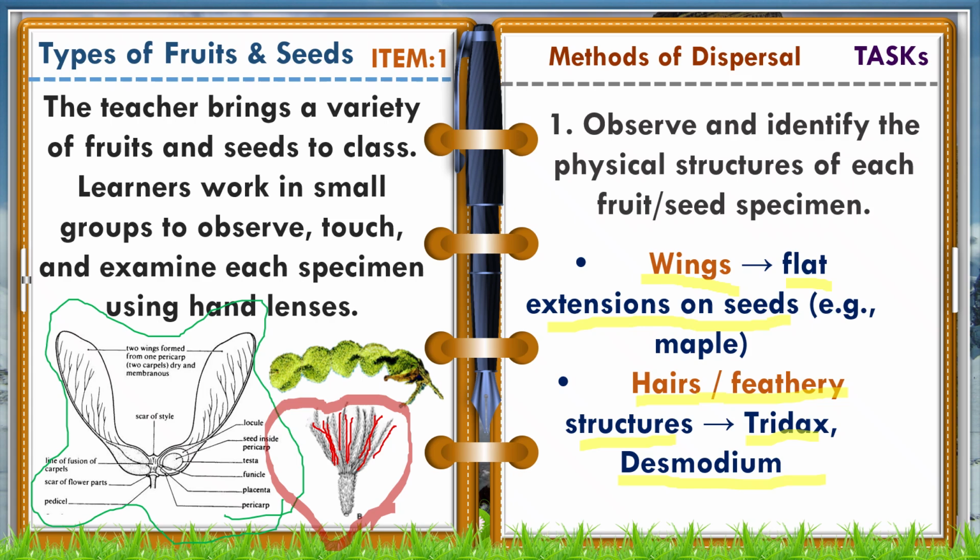And then here above we have desmodium. If you look very closely at it, you will see that it has hair-like structures which resemble feathery structures on the surface.